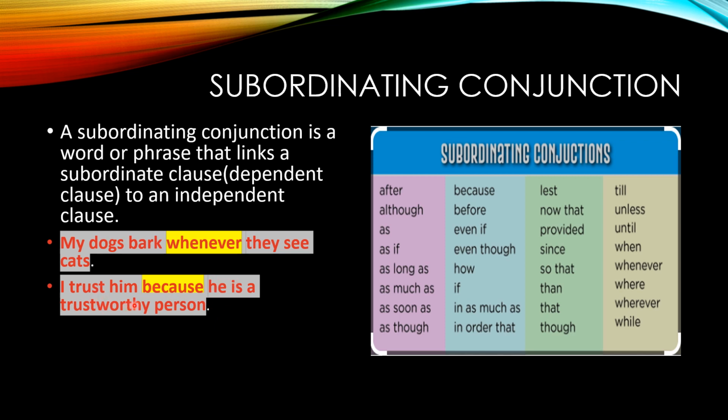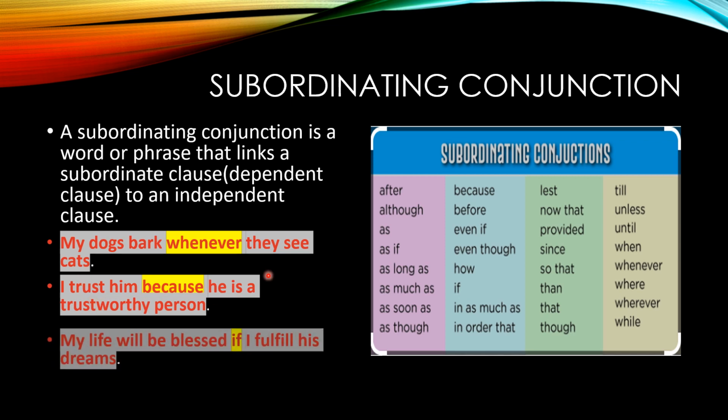Like, you can only trust him if he is a trustworthy person. So that's why I trust him is a dependent clause, or we can say a subordinate clause. So we are using because as a subordinating conjunction to join a dependent clause with an independent clause.